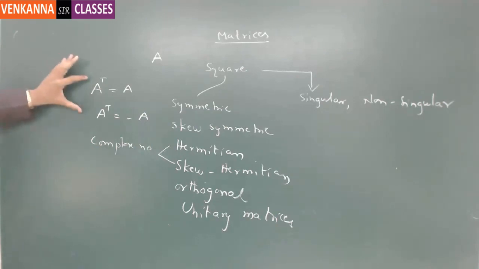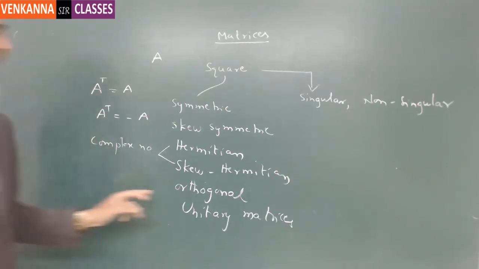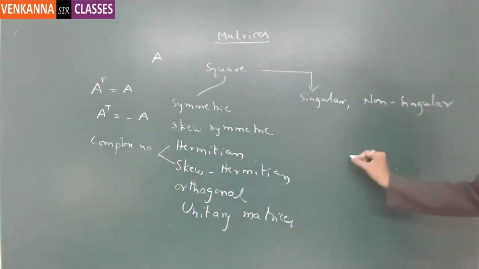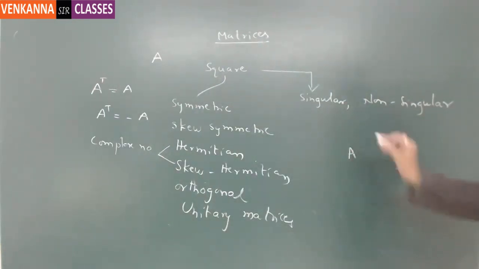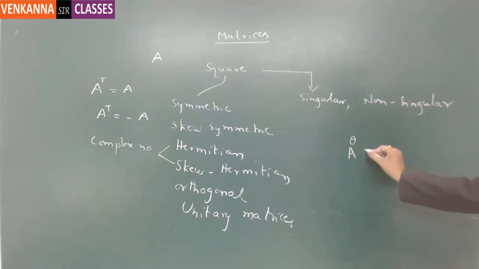So far we will take the entries here as real numbers. Here we take the entries as complex numbers. So while defining Hermitian and skew Hermitian matrices, whenever you take a matrix A, we calculate the value A power theta, which is called the conjugate transpose of the matrix.